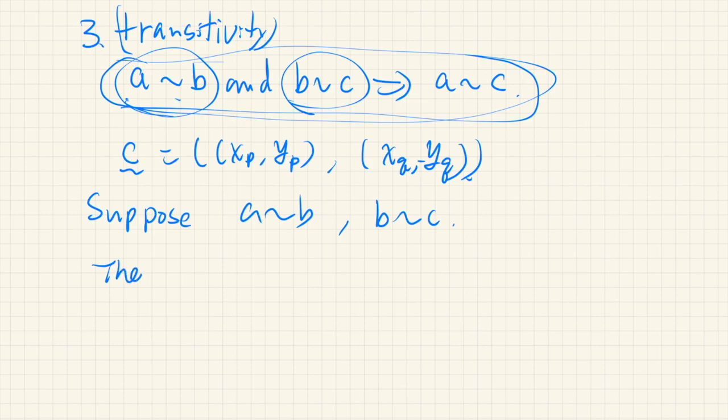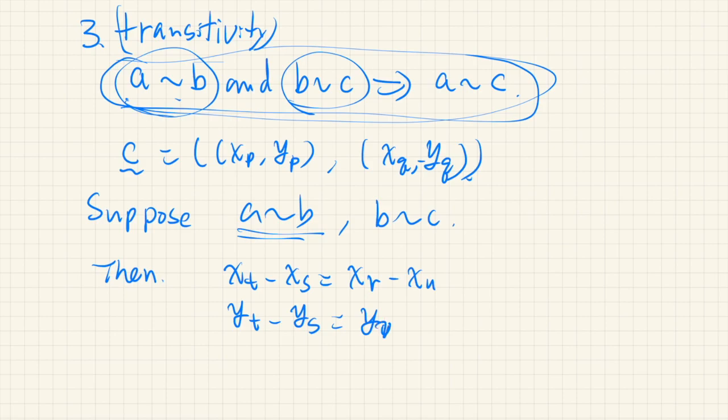Then, according to the definition, this means xt minus xs is equal to xv minus xu from here, and same for y, yv minus yu.